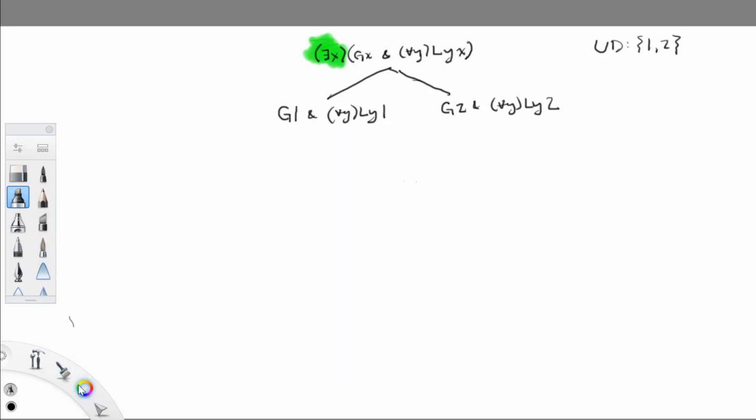So, thinking about the second sentence, we have G1 ampersand for all y, Ly1. This ampersand is the main connective, same as the case over there on the second instance. So what do we do with binary connectives? How do we diagram them? We branch to their component sentences, because those are the things that determine the truth value of a truth functional sentence.